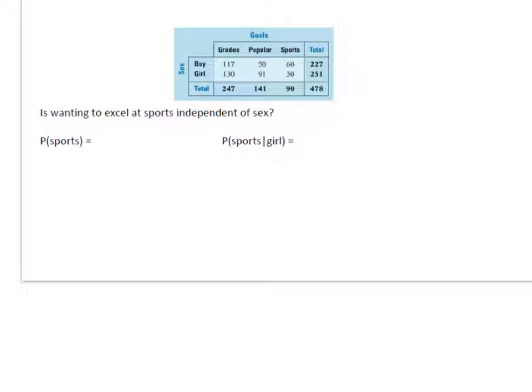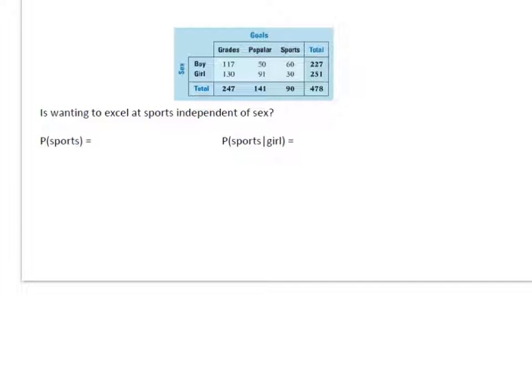So as a little refresher, here's our girls and boys that like to play sports and be popular and get good grades. And the question that we're trying to answer in this one is, is wanting to excel at sports independent of sex? In other words, does it matter what your sex is?